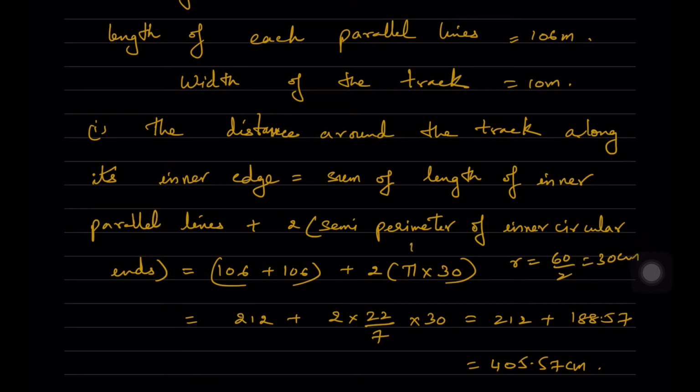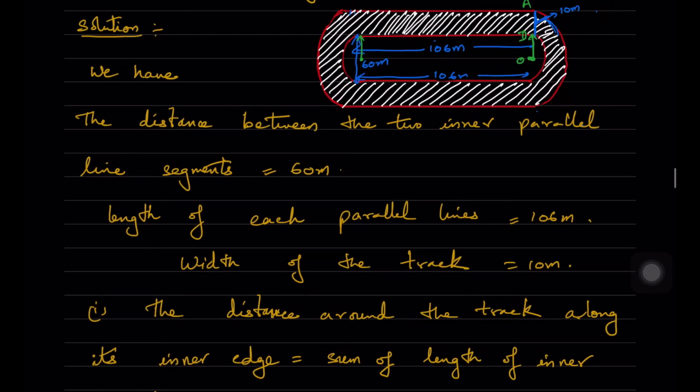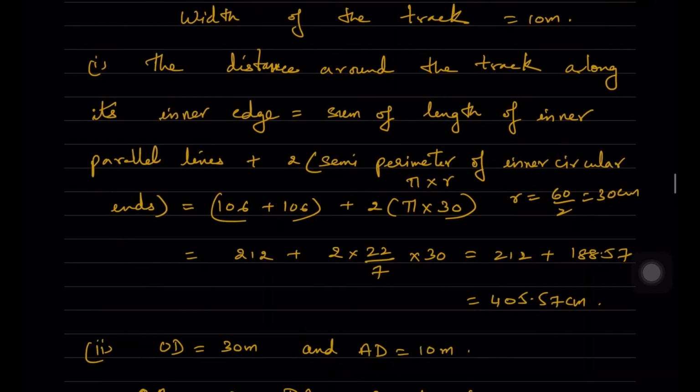So that is equal to 212 plus 2 into 22, that is 188.57, which is equal to 405.57 meters.